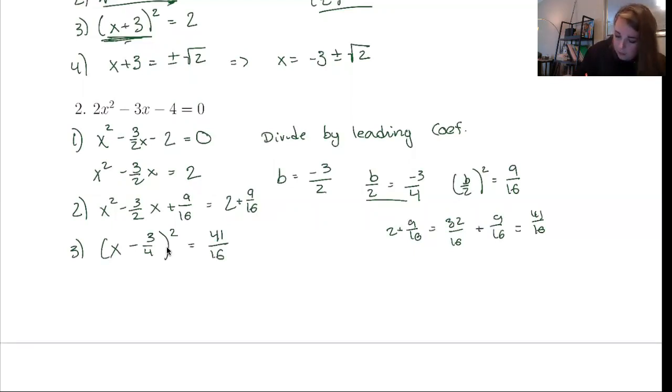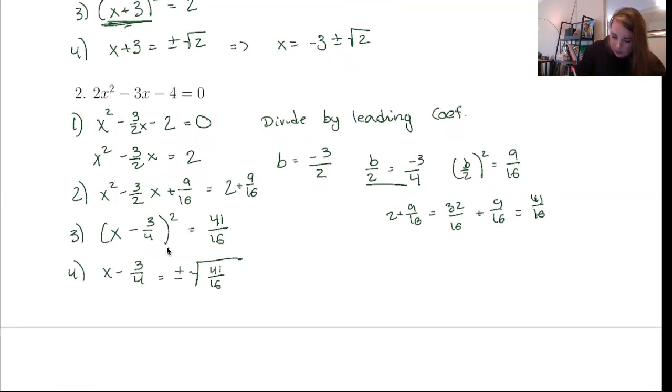All right. So again, I chose this factoring because I'm just going to take the square root. So x minus 3 divided by 4 equals, don't forget your plus or minus because we're always taking the square root, the square root of 41/16. And I can actually simplify this.